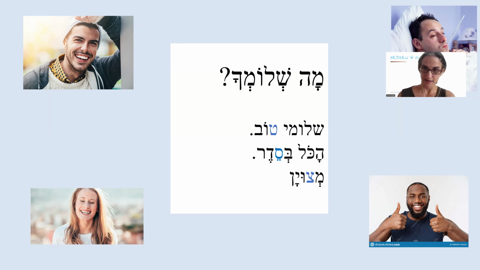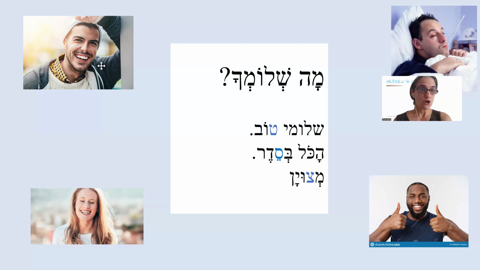או מה שלומך in the feminine. We're looking at the answer. Okay, so מה שלומך? שלומי טוב, טוב, good, טוב. We have also טוב מאוד, very good.